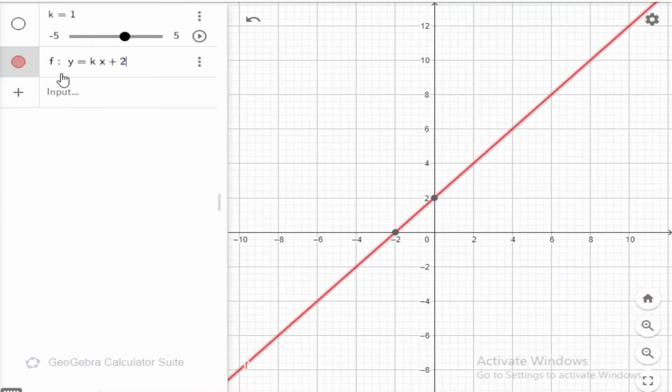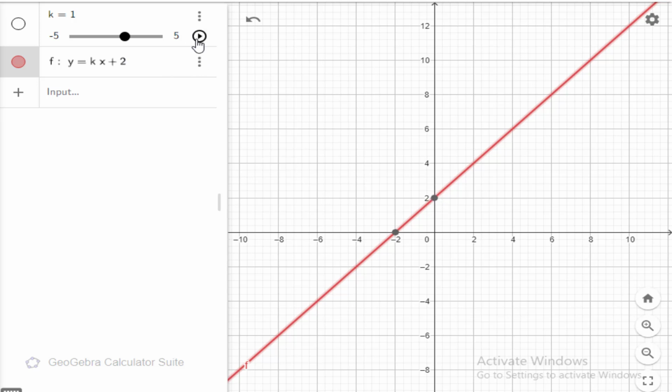Fine. Now, this is the equation y is equal to kx plus 2, and we will see it for different values of k from -5 to 5. So you see, when x is equal to 0, y was equal to 2. This is the one point, and as I told you, this equation represents a straight line that has a y-intercept at y is equal to 2.